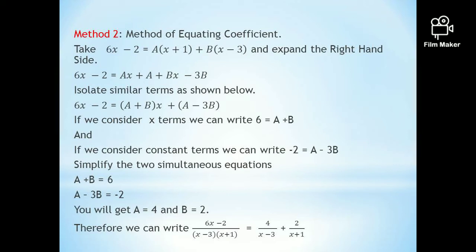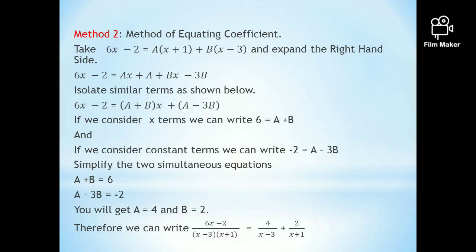There you get 6x minus 2 is equal to ax plus a, that is what you get from a multiplied with x plus 1, plus bx minus 3b, that is what you get from b times (x minus 3). With that you can isolate the x terms and the constant terms separately. With that you can write 6x minus 2 is equal to (a plus b) times x, which you isolate from the x terms, plus (a minus 3b), which you isolate from the constant terms.